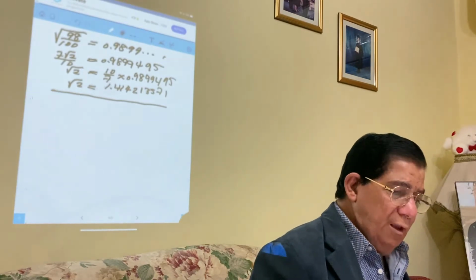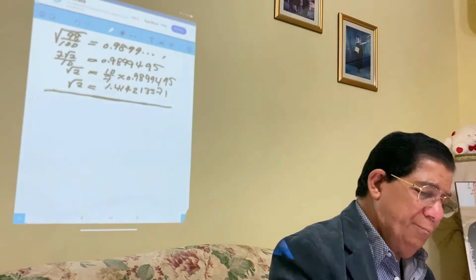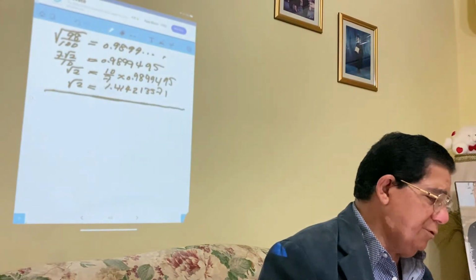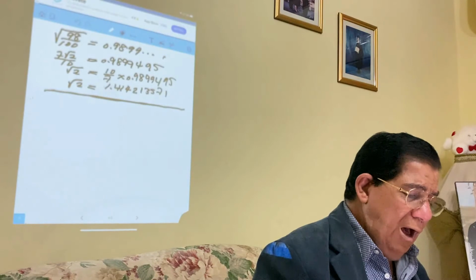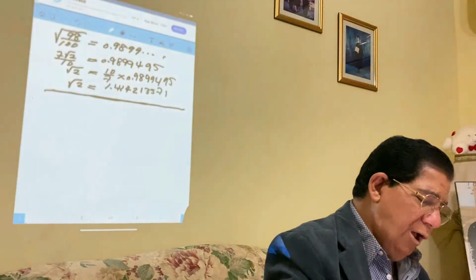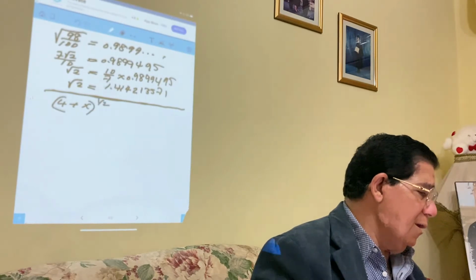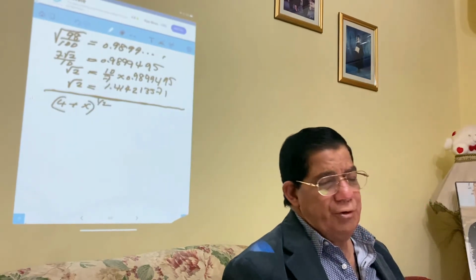Now, we will come to another problem. What is it? How can we get the expansion of, for example, 4 plus x to the power half? This is not 1 plus x.